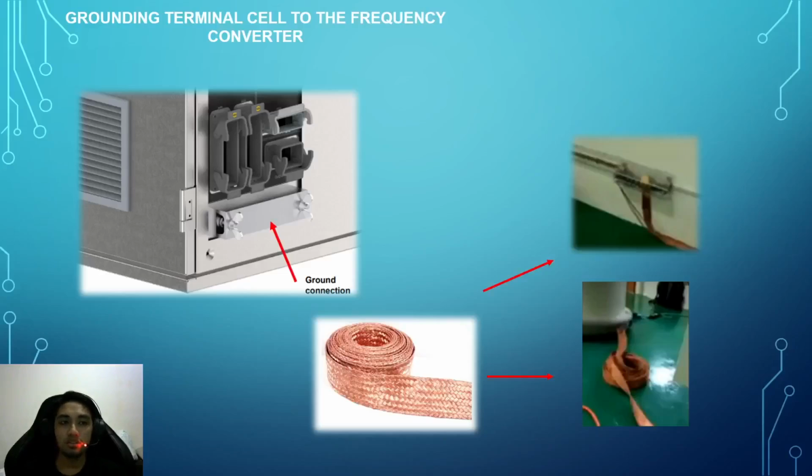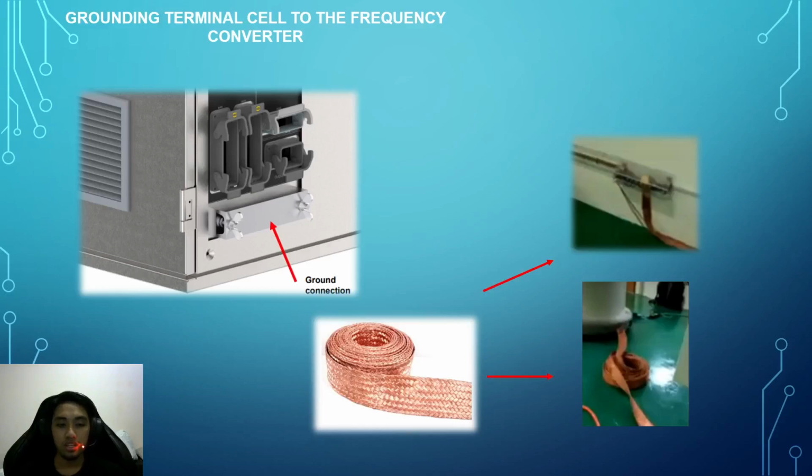Next, I will continue with the connection between the grounding terminal cell and the frequency converter. As you can see, the connection is from the grounding terminal cell to the frequency converter as shown in the picture.